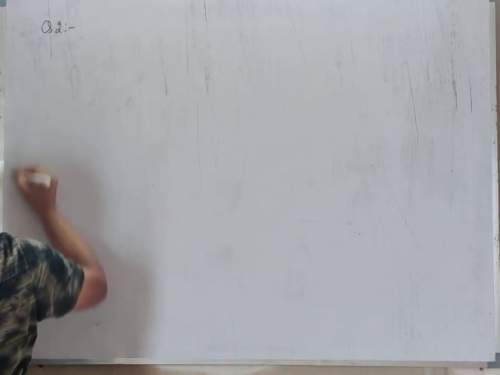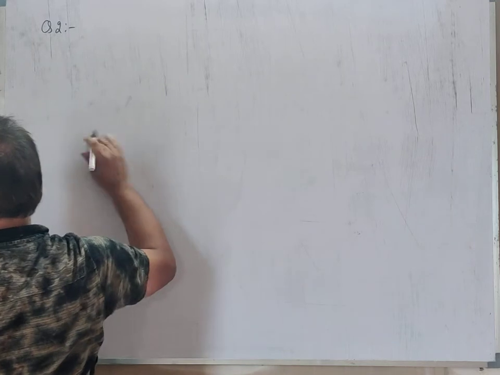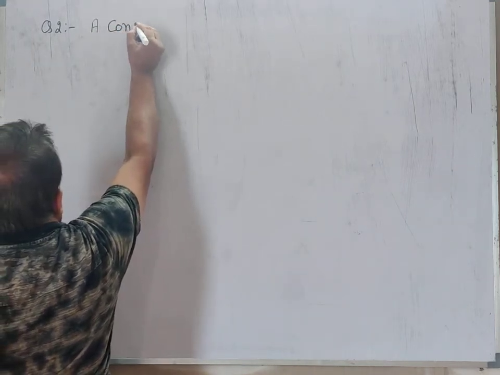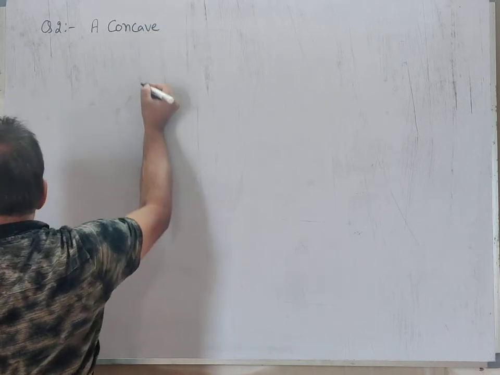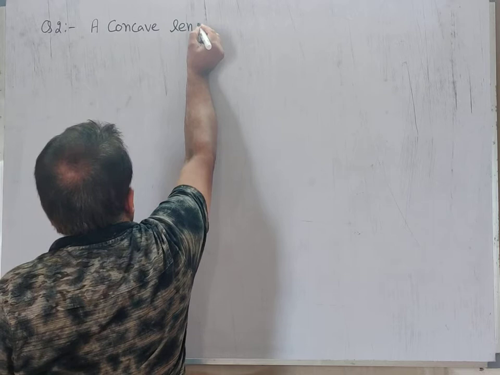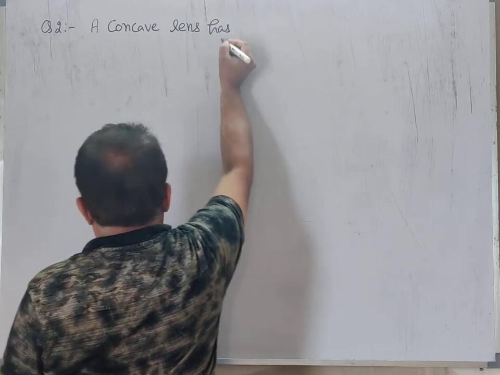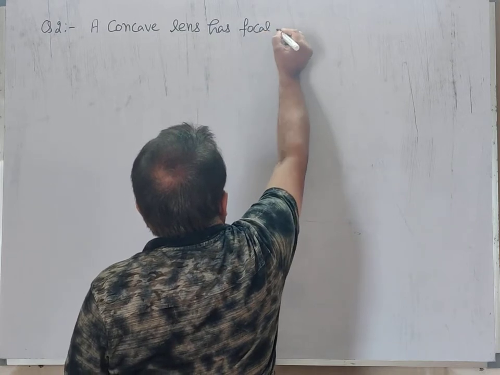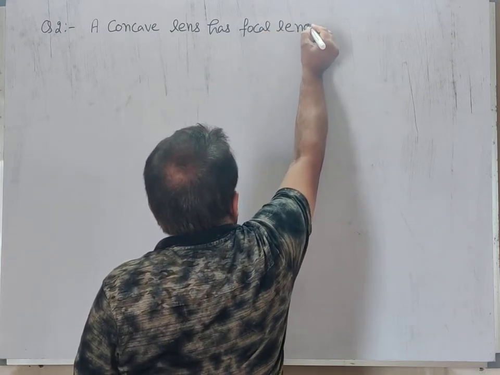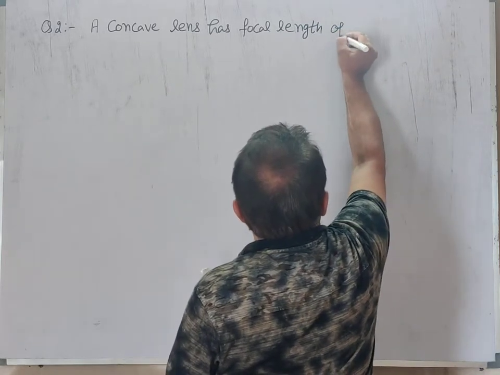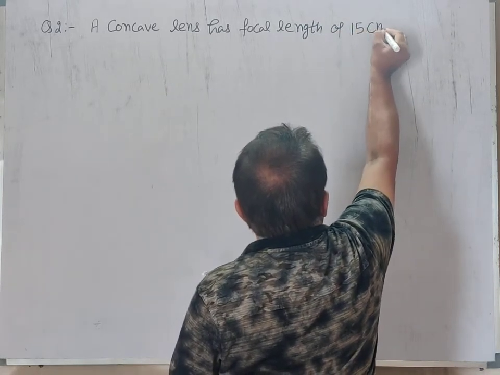Question 2. A concave lens has a focal length of 15 centimeter.